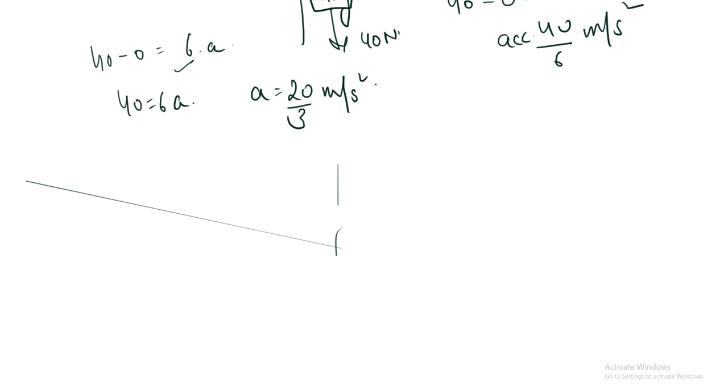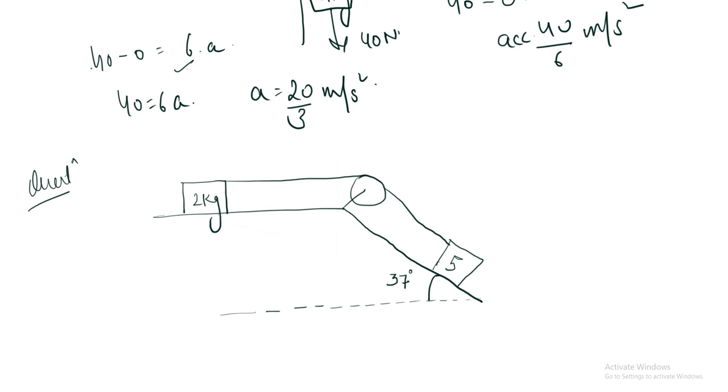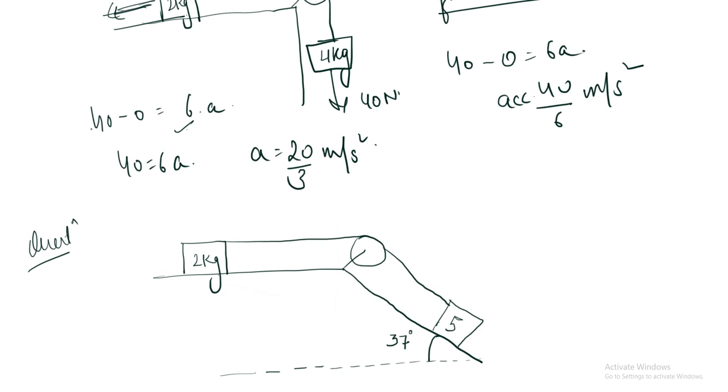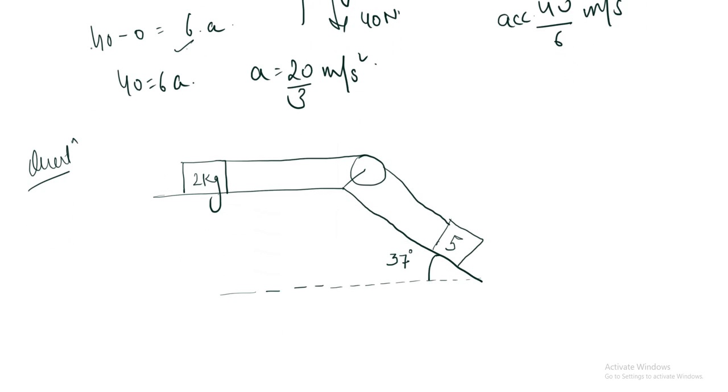Now consider the next question. Two blocks are given. Block A has mass 2 kgs and the second block has mass 5 kgs. Find acceleration and tension without using pen.